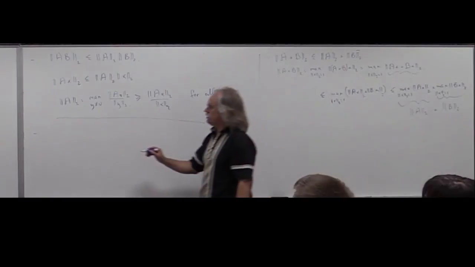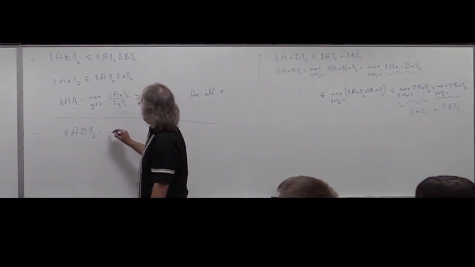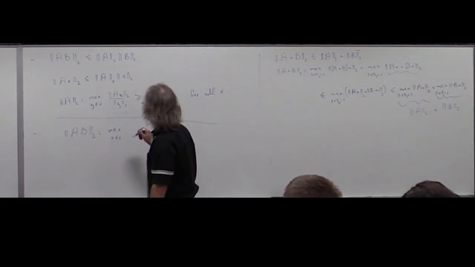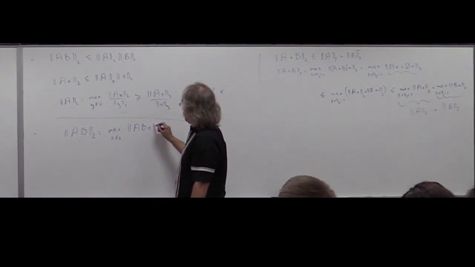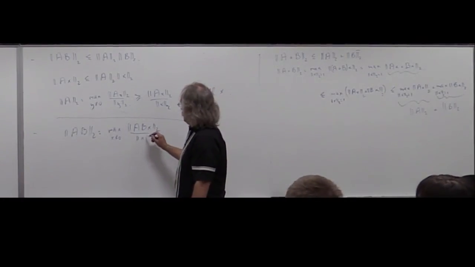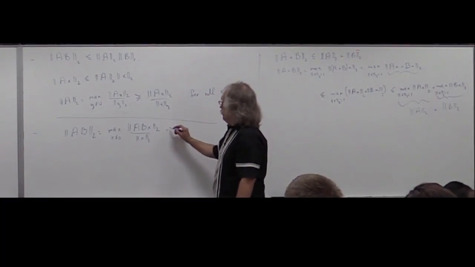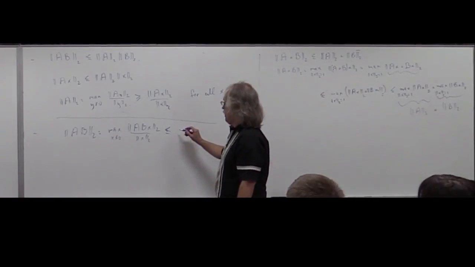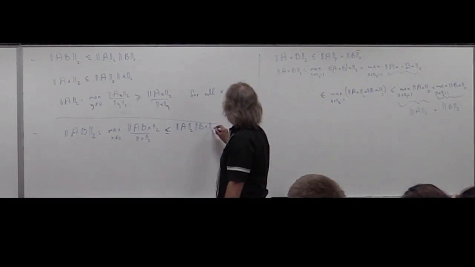And then if you look at the 2 norm of A times B, that's defined as the maximum over all x not equal to 0 of the norm of A times B times x over the norm of x, which is bounded by the 2 norm of A times the 2 norm of B x over the norm of x.